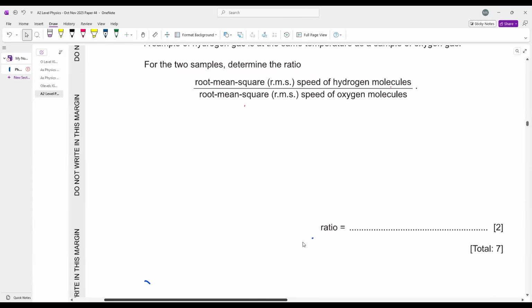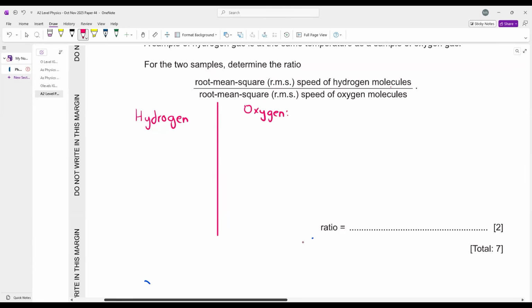Let me tell you an easy way to do this question. Make partitions: hydrogen and oxygen.